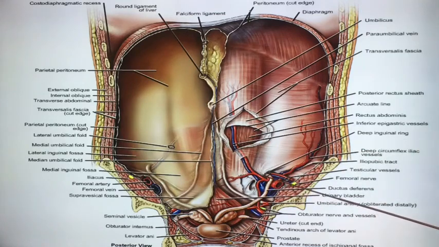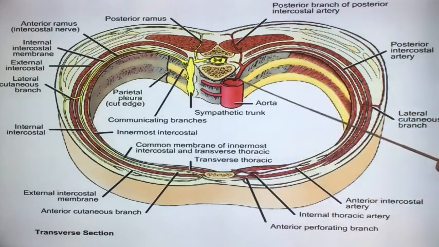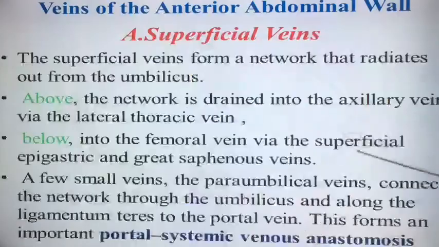Just to remind you, these are the inferior epigastric vessels. This is a transverse section showing you the aorta with its branches. In the thorax, they are intercostal. In the abdomen, they are lumbar arteries. Right? Here written, intercostal. We are in the thoracic region.